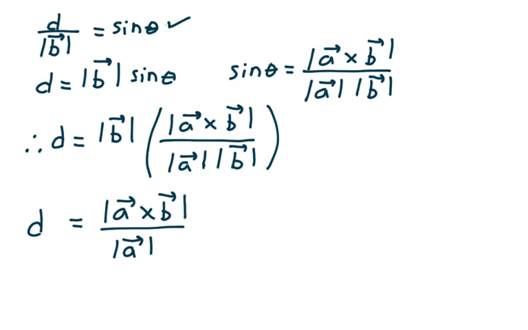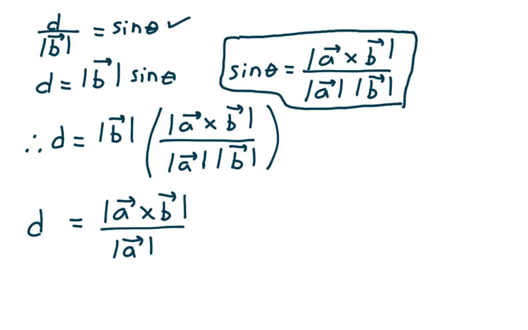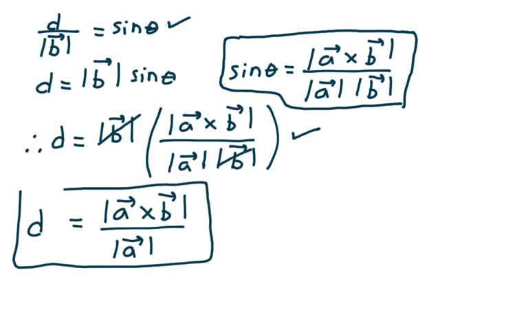But sine of theta is the magnitude of A cross B divided by the magnitude of A times the magnitude of B. So making my substitution, I get D equals the magnitude of B times the magnitude of A cross B divided by the magnitude of A times the magnitude of B. Notice how the magnitudes of B cancel, and we get D equals the magnitude of A cross B divided by the magnitude of A. And that's how we verify the formula for part A.